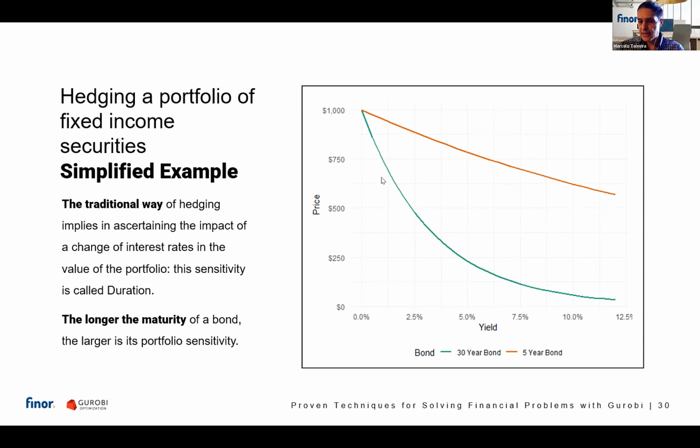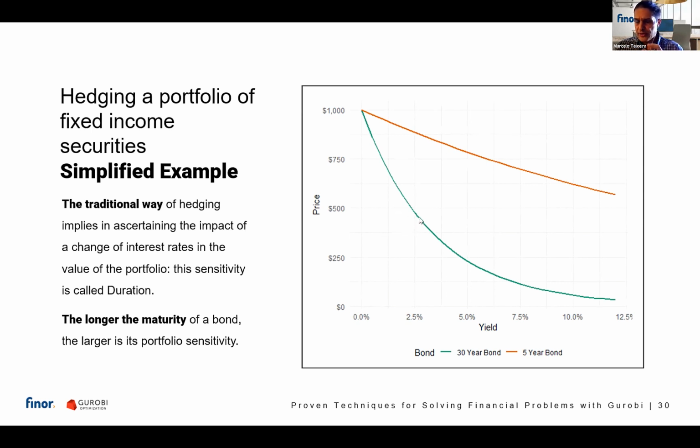The slope is changing also, which we call the first derivative of this price function. We call it duration, which could be the geometrical tangent of this line.